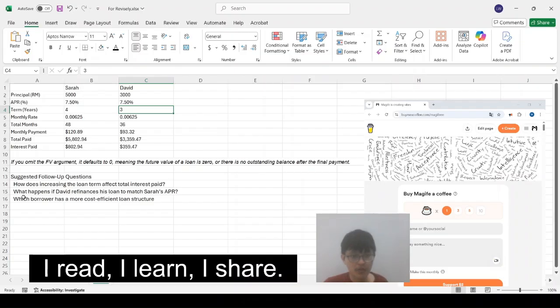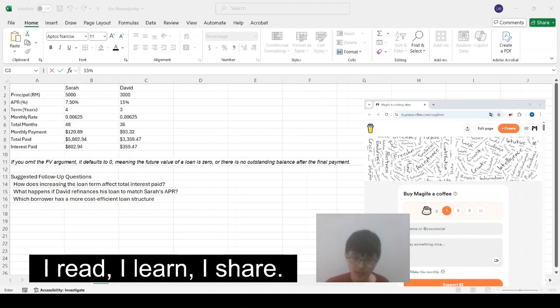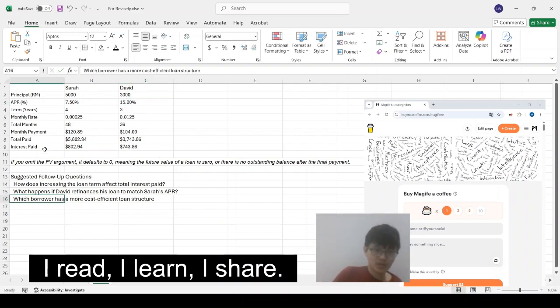So which borrower has a more cost efficient loan structure? Okay, this is a good question.